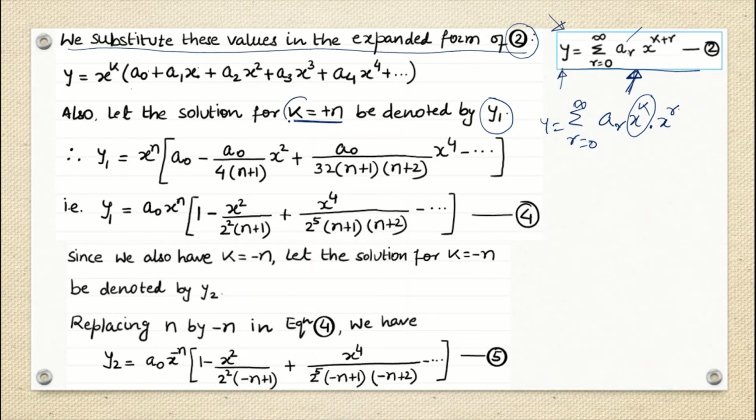K is plus n. So x to the power n is outside, then a0, and then what is your a1? A1 is 0, correct? So this term is 0. We are not writing it here. So it is nothing but a2 x squared. A2 x squared was what? Minus a0 by 4. This is the same thing we had got in terms of a0. We have written it here, x squared is present here.